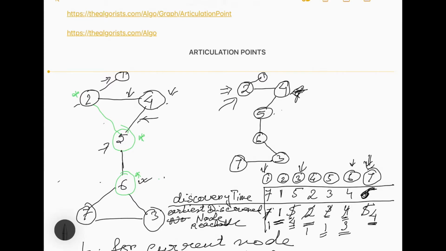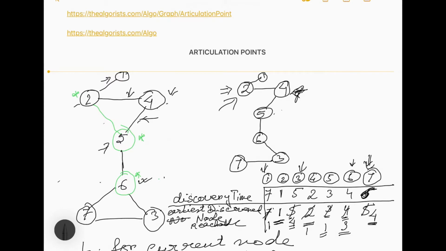So when I say that we compute the earliest discovered node reachable while backtracking, we need to keep in mind that we are computing the earliest discovered node reachable for the node from where we are backtracking, and not for the node where we are backtracking to, because we don't know if all the adjacent nodes of the node we are backtracking to have been processed or not.